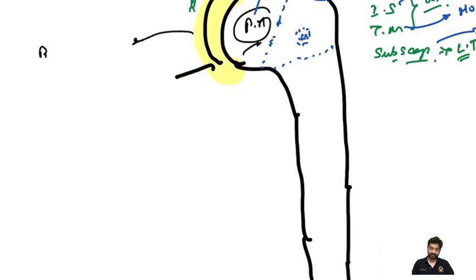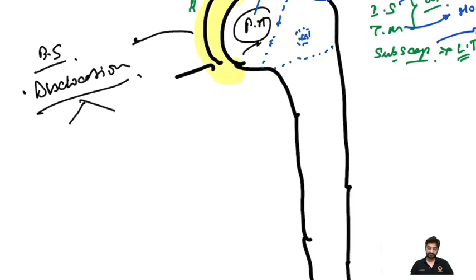So there is a high chance of dislocation because the glenoid is smaller and the humeral head is larger. Dislocation can be acute or recurrent.